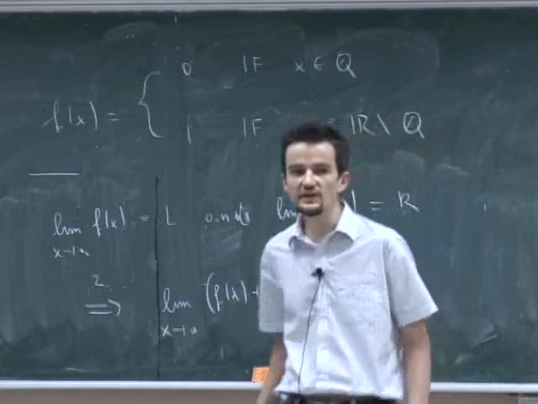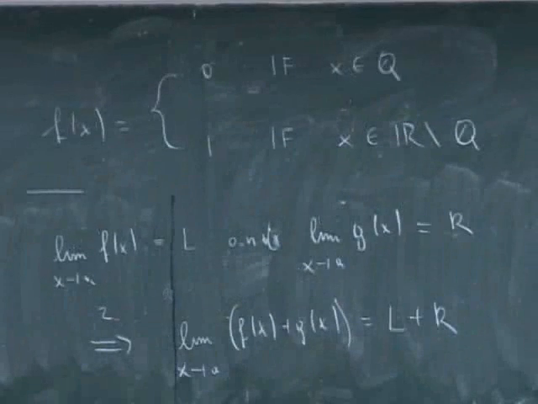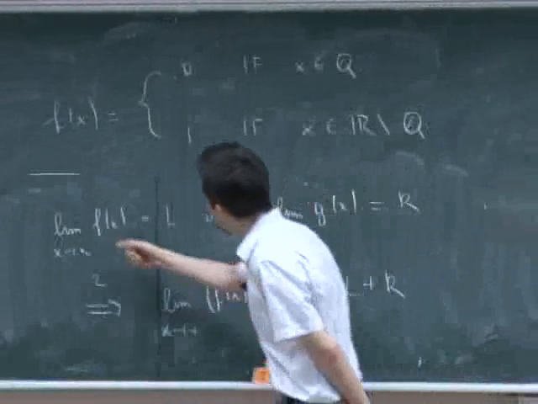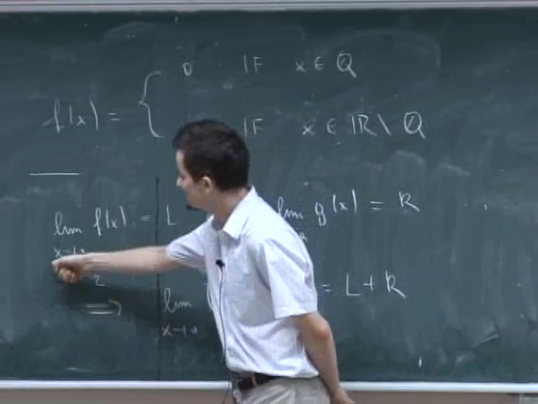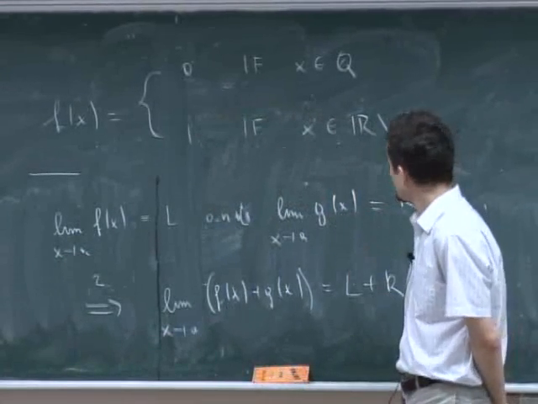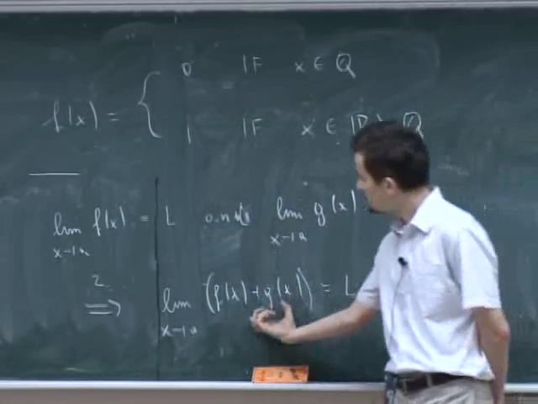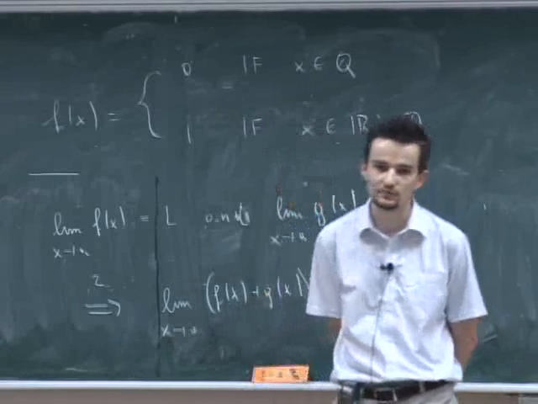Now, using our so-called definition, we haven't given a precise definition yet, of course you would argue that, okay, this means that f of x is getting closer and closer to L as x is getting closer and closer to a, and this means that g of x is getting closer and closer to R as x is getting closer and closer to a, so the sum has to get closer and closer to the sum L plus R as x is getting closer and closer to a.